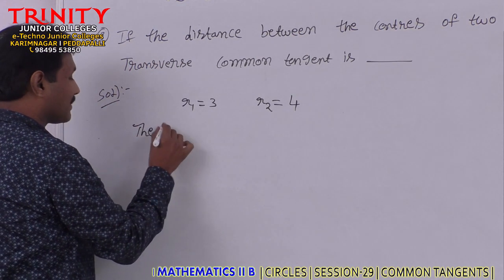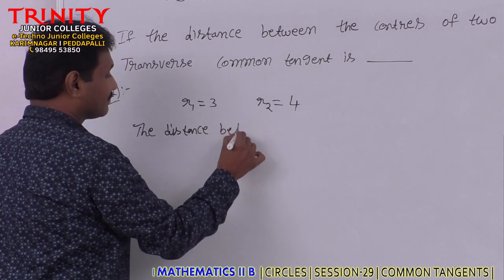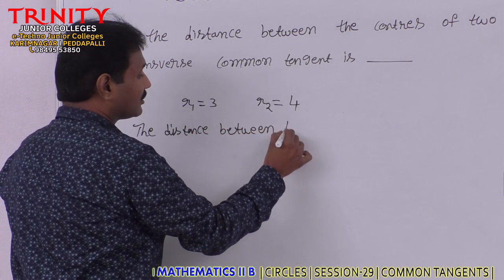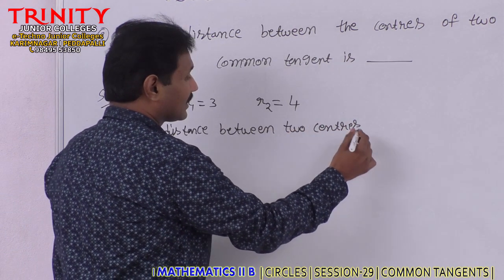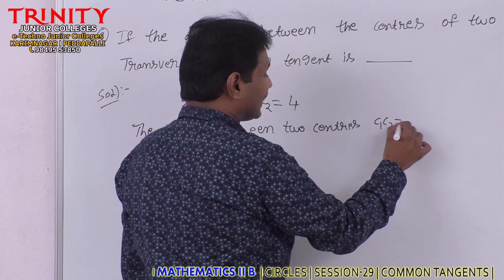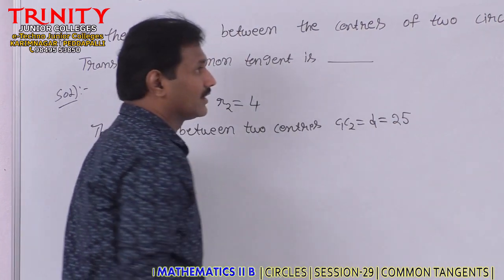Therefore, the distance between the two centers C1, C2 is small d equal to 25.